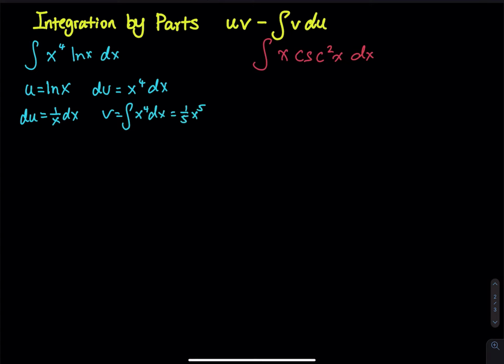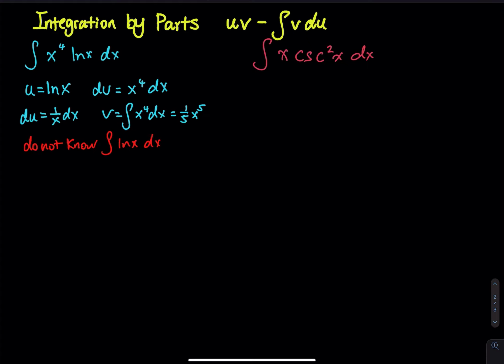Okay, so the reason that you don't let the dv be ln x is because you do not know the integral of ln x dx. What is the integral of ln x dx? If you look this up online, yes, you can find what that equals, but when I teach my integral calculus class, I always tell my students that you don't know what that equals.